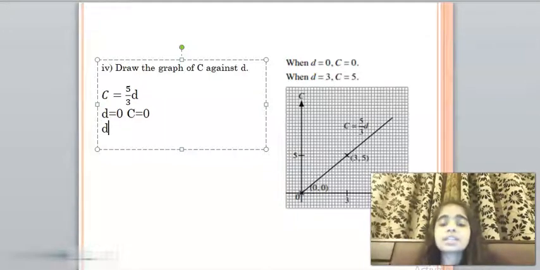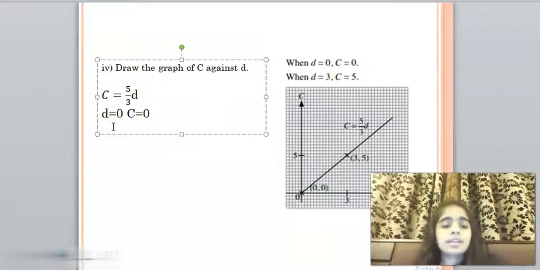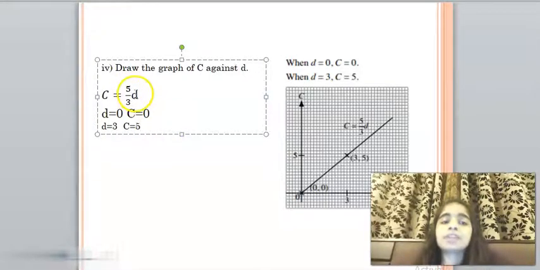Now when we take d as 3, why am I taking 3? Because this is the easiest value. I can cut this 3 with this 3 because 3 divided by 3 will be 1. And then C will be 5, because 5 upon 3 multiplied by 3 is 5. And then we will easily plot the graph.